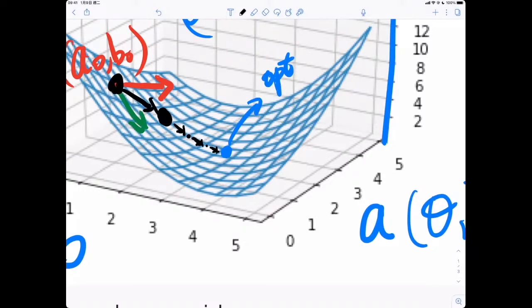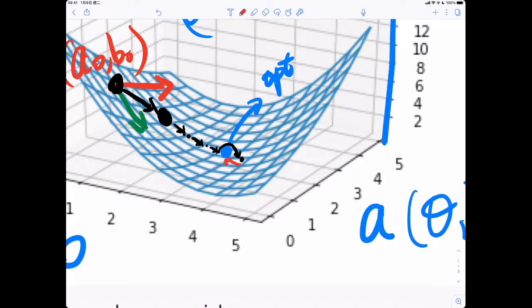If your stride is a little bit bigger, you may accidentally step too far and pass the optimized point to the other side. However, when you do the partial differentiation in the next round, you will know you went too far. You know you already passed the optimized point, so you will go back in the other direction, trying to approach the optimized point.